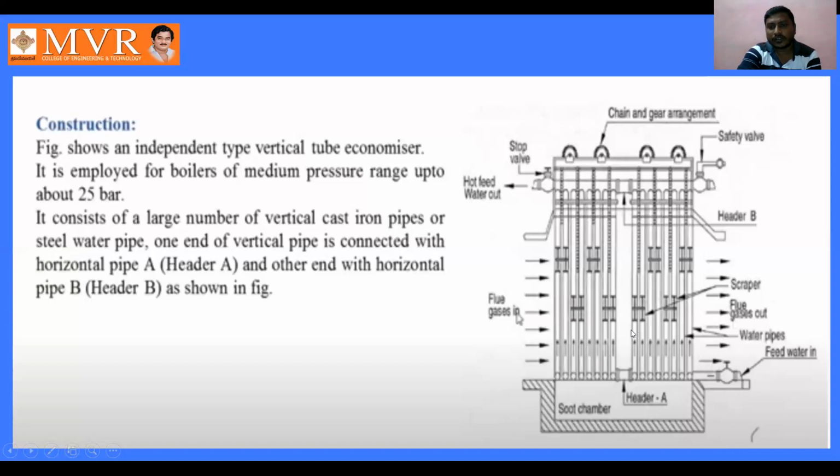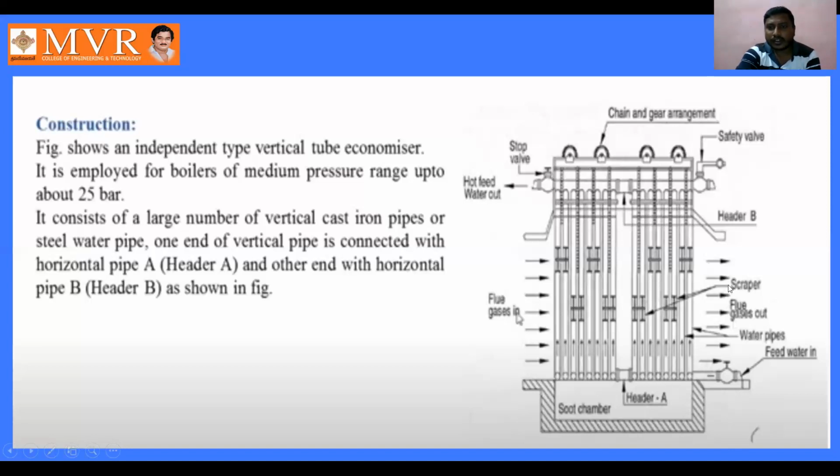See here, when the flue gases are moving forward, the water in the tubes is heated, and the hot water or steam which has been generated enters the steam space, where we collect the steam in the upper part of this boiler.